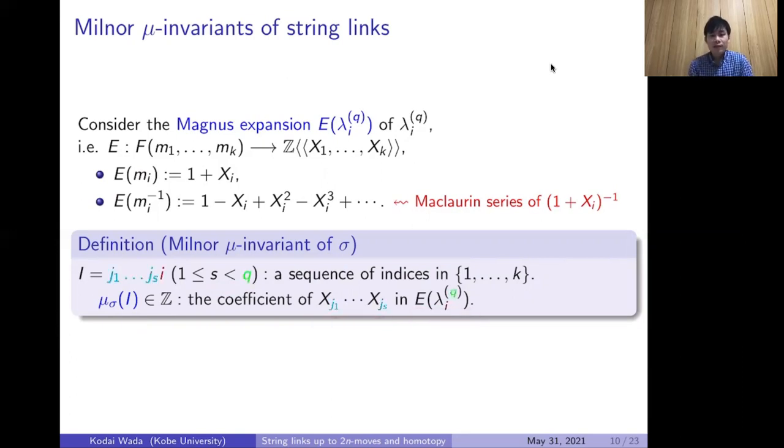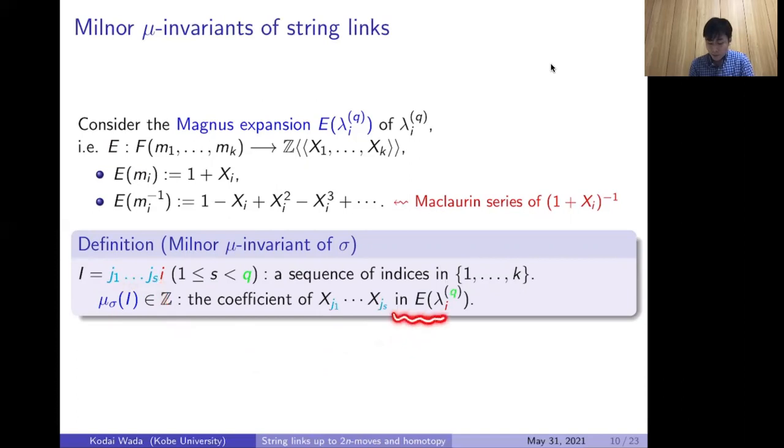We emphasize that in the sequence large I, the last index small i and the other indices play different roles. The last index small i specifies the word lambda i q.